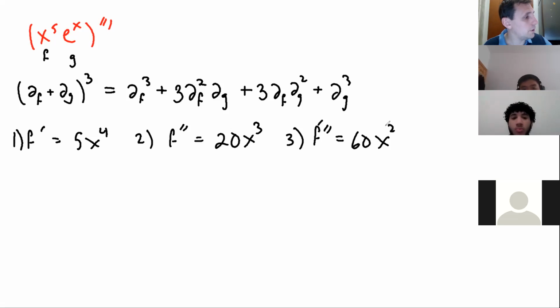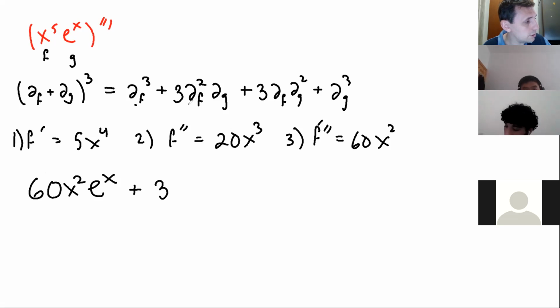If I want to take 3 derivatives according to this formula, that means take 3 derivatives of the first function, which means you get 60x squared multiplied by g. This means don't touch g, plus 3 times the 2 derivatives of f, 2 derivatives of f is this, 20x cubed, times 1 derivative of g. G is nice, it's just e to the x.